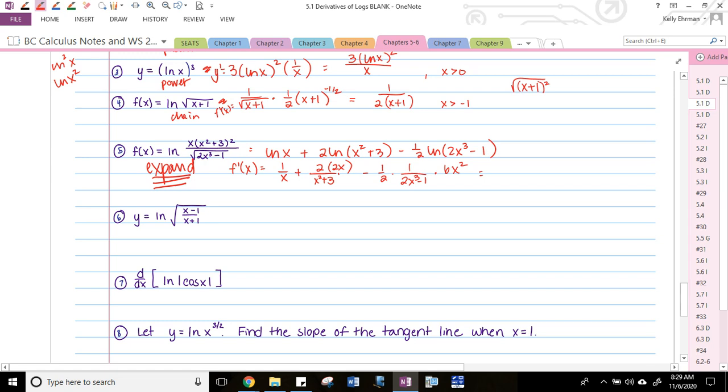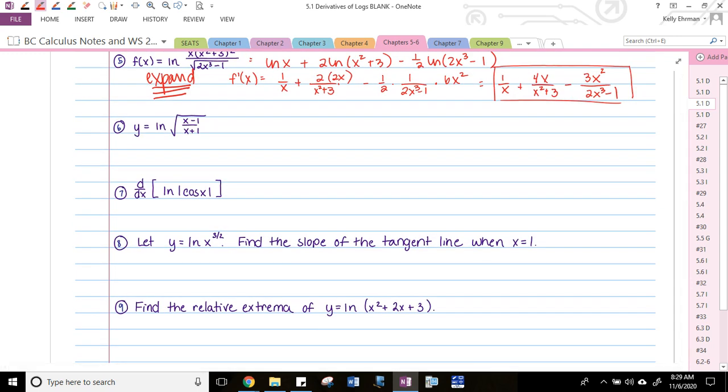And then cleaning it up, I'm not going to do common denominators, but I am going to write that's the same as 1 over x plus 4x over x squared plus 3 minus 1/2 times 6 would be minus 3x squared over 2x cubed minus 1. So that's as far as I would take that.